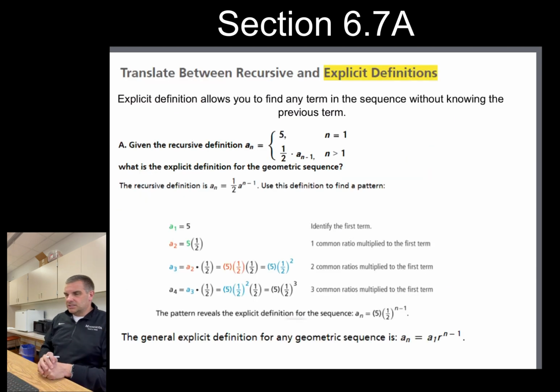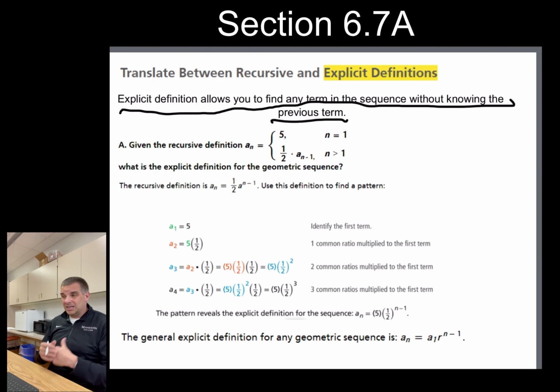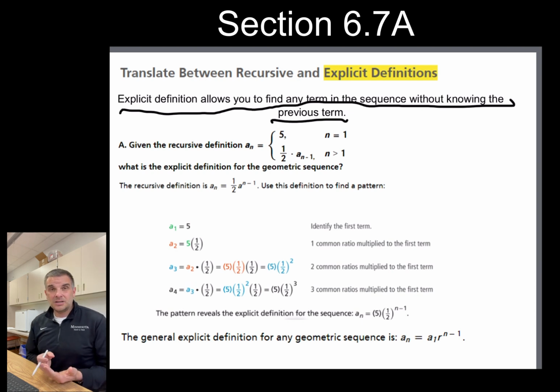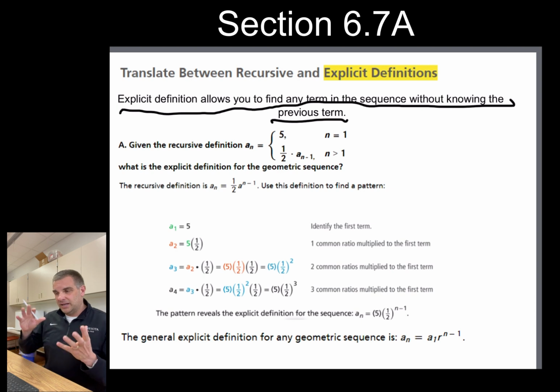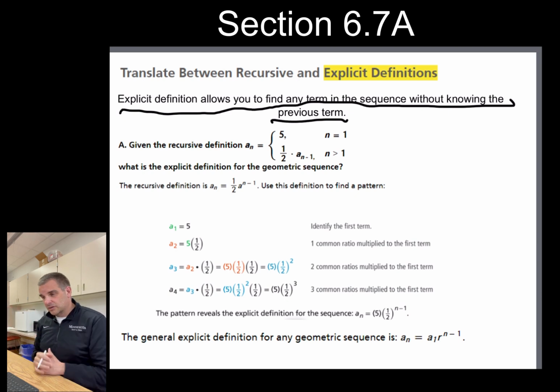An explicit formula or definition, something that's in the explicit form, allows you to find any term without knowing the previous term. And we like explicit ones, because when we've got an explicit formula, then you can find any term that you want to find. It doesn't have to be this recursive thing.